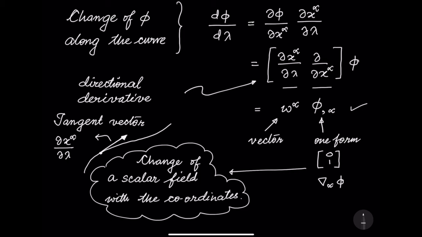Now let's ask the question. We have defined this for a tensor of rank 0, a scalar. So the derivative of that with respect to the coordinate gave me a one form. So, if you wish, the covariant, the lower index, has increased by 1.